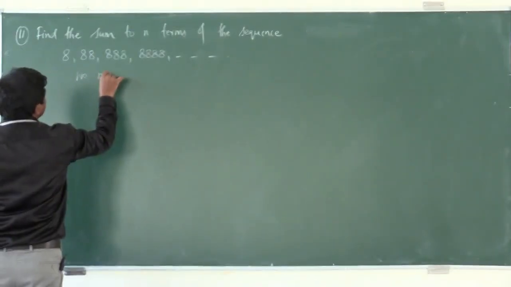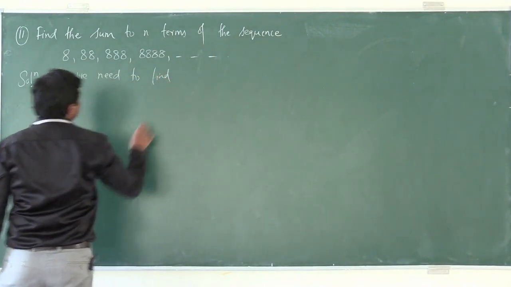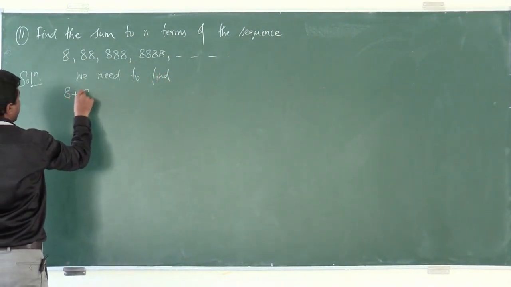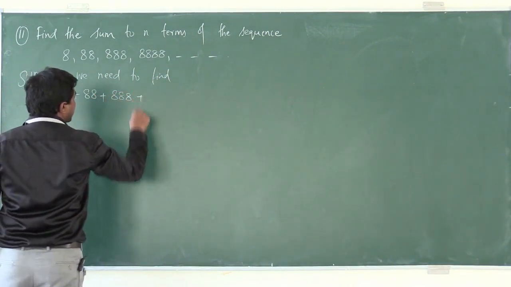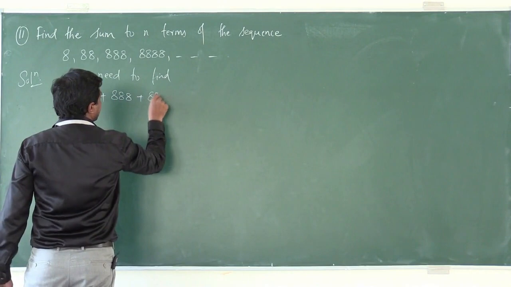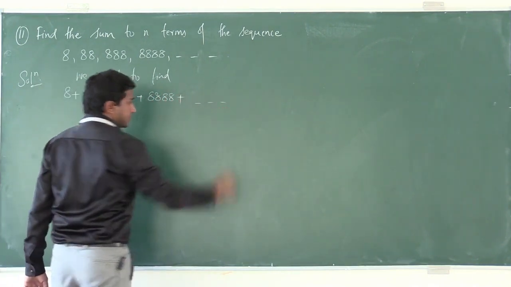We need to find 8 plus 88 plus 888 plus 8888 plus so on.